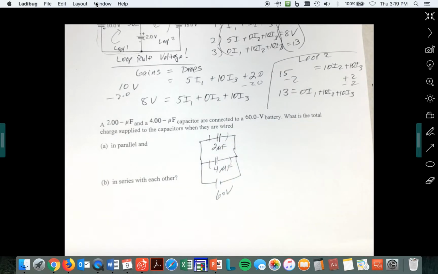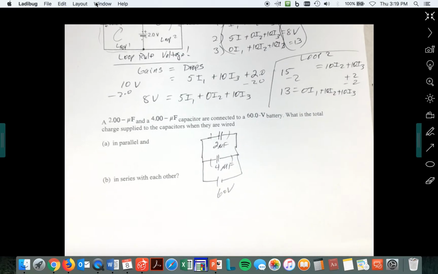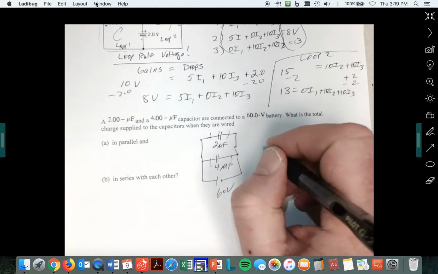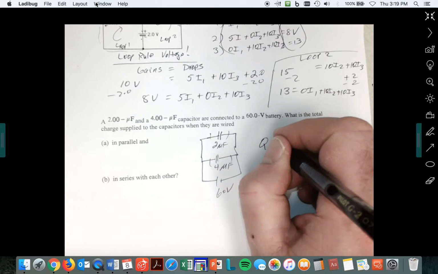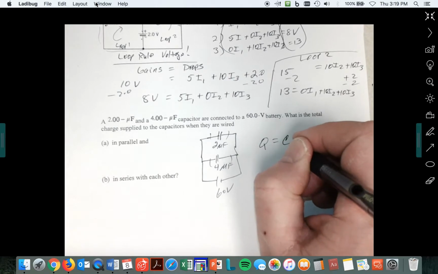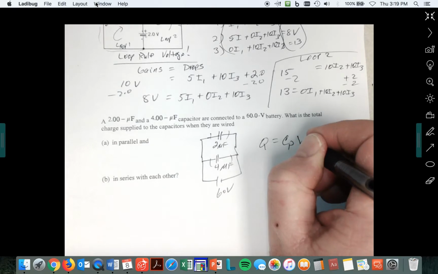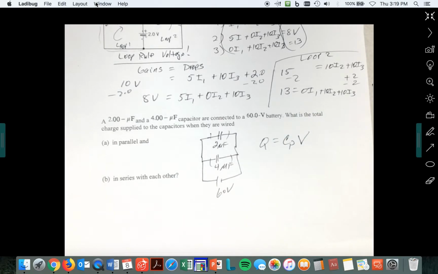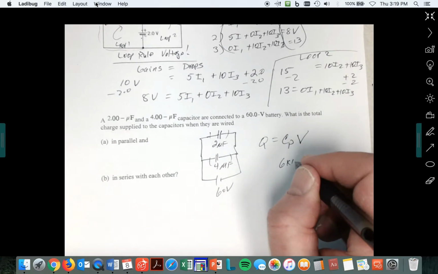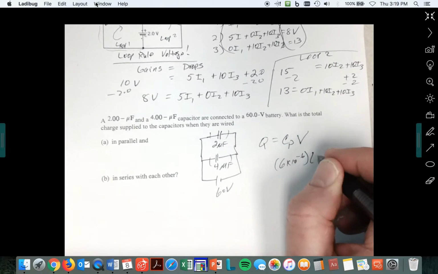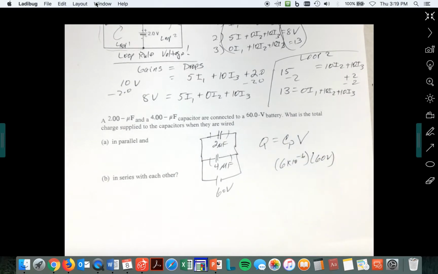So the total charge, you just add them up. Q is equal to the capacitance in parallel times the voltage. So 6 times 10 to the negative 6 times 60. That's pretty easy. The only time we have an issue is if they're in series.